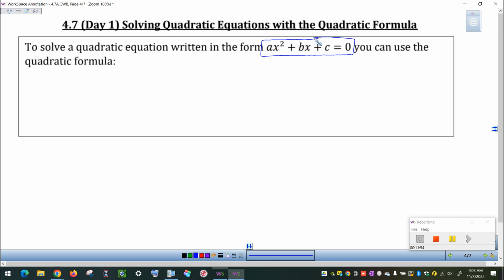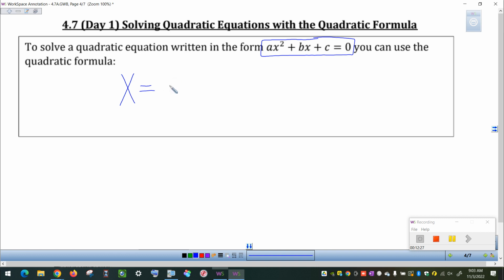Notice how it is equal to 0. So if your equation is set up in this way, and you can identify what those values are for A, B, and C, this is how you can find the solutions, meaning solving for x. So we're going to go ahead and start this with an x equals out in front.